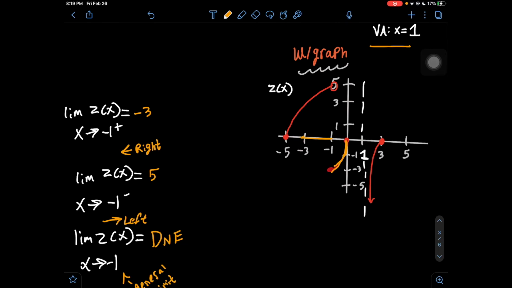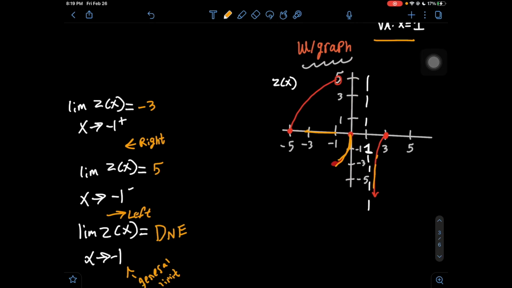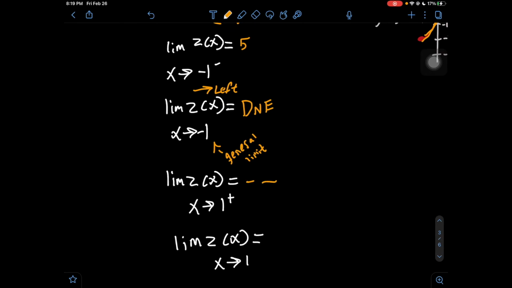Well, remember, we want to see what y value it's approaching as the graph is approaching that +1 value. And since we have a 1 plus, meaning from the right, to the right of this 1, we have this line approaching it, but remember, it's not going to cross that vertical asymptote, meaning it's going to be approaching -infinity, which is the actual answer for the limit of z of x as x approaches 1 plus.